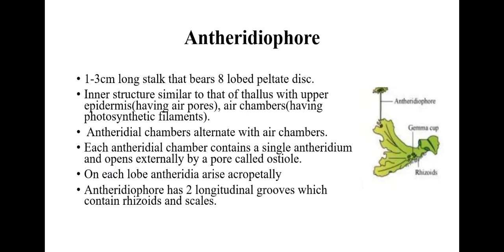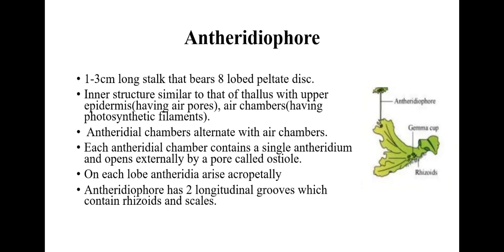The antheridiophore is the male reproductive organ; it has a 1 to 3 centimeter long stalk and bears an 8-lobed disc. The inner structure is similar to the thallus, with upper epidermis and air chambers, and the antheridial chambers replace the air chambers.